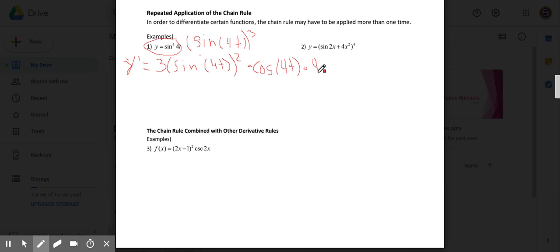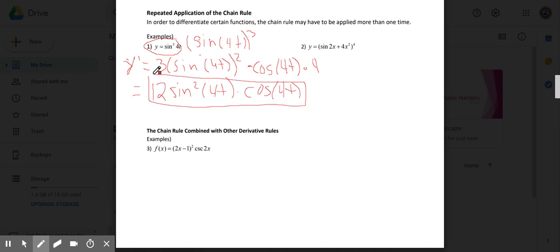The derivative of 4t is 4. So just simplifying that a little bit, we're going to multiply this 3 and this 4 at the end. So we get 12 sine squared of 4t times cosine of 4t. And that is our derivative. So we did the chain rule twice for that one.